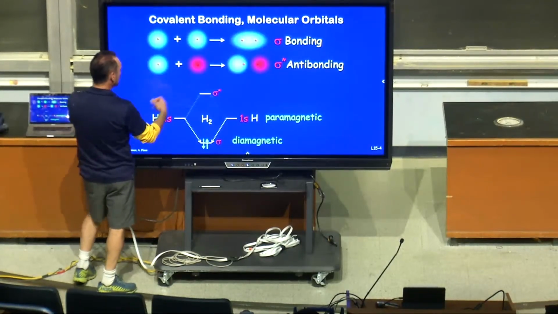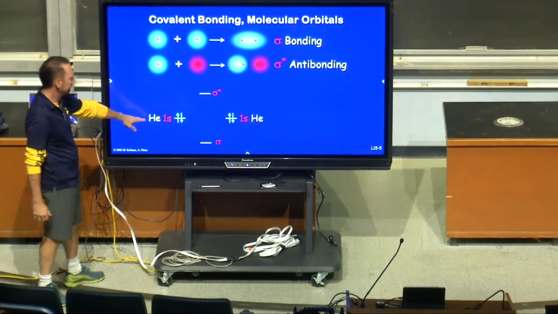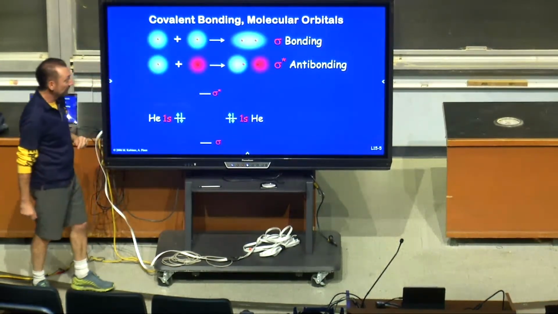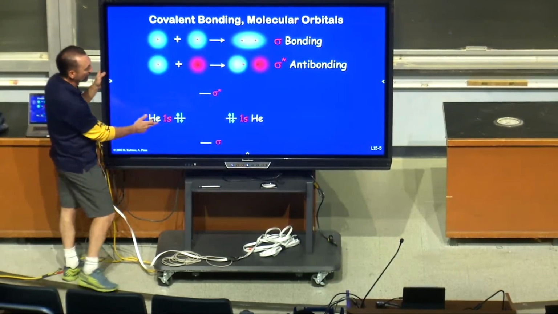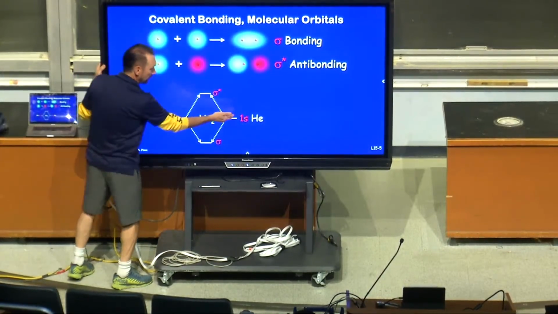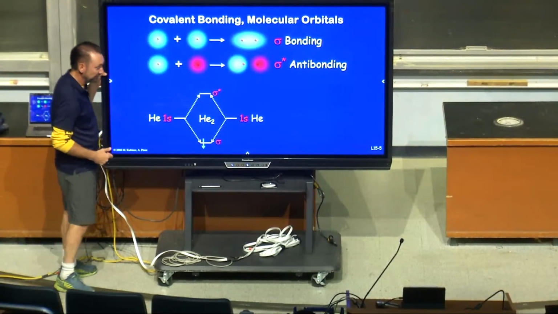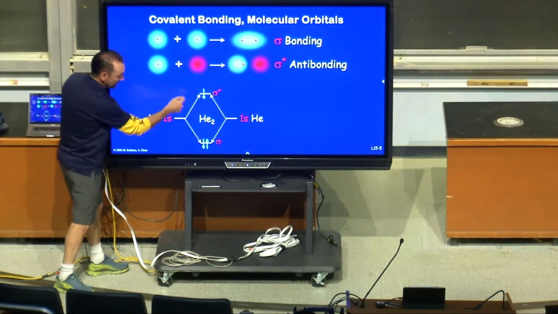But you can see what we'll do. We'll just continue doing that. What if it's helium? Well, helium would do the same thing. It's got 1s orbitals, so it would form a sigma and a sigma anti-bonding orbital to form the bond. But now I have 4 electrons, 2 from each helium, and you can see, well, then I would have to put 2 of them there and 2 of them there.